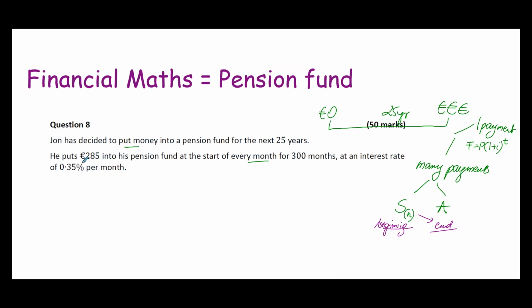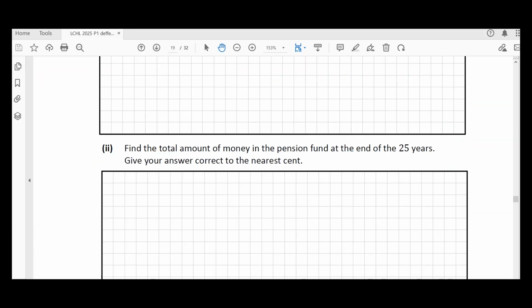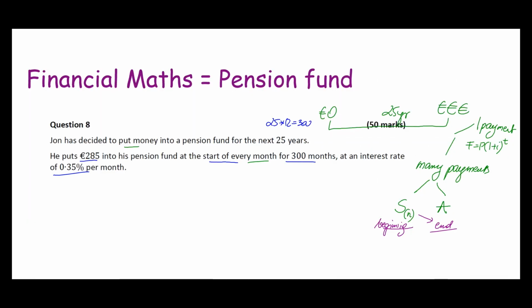So he's putting 285 in his fund at the start of every month for 300 months, because 25 years multiplied by 12 months gives me 300, at an interest rate of 0.355 per month. Now, that's the question.